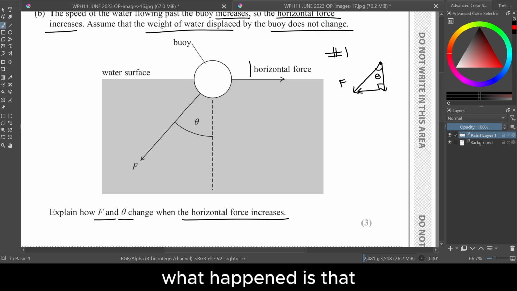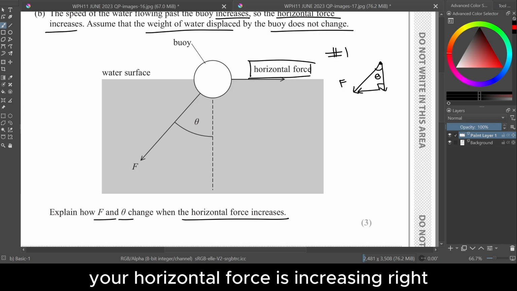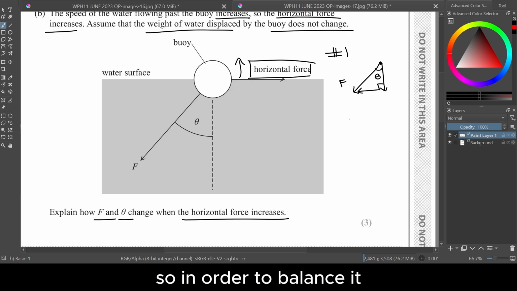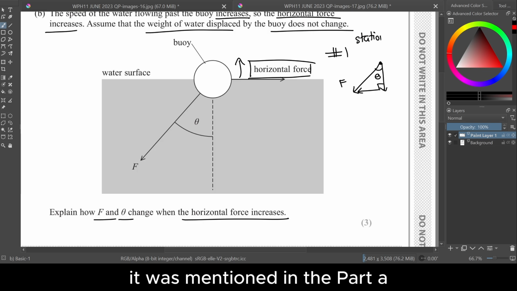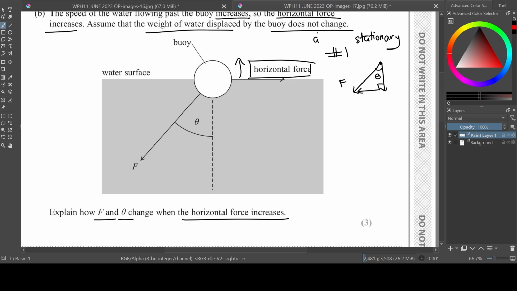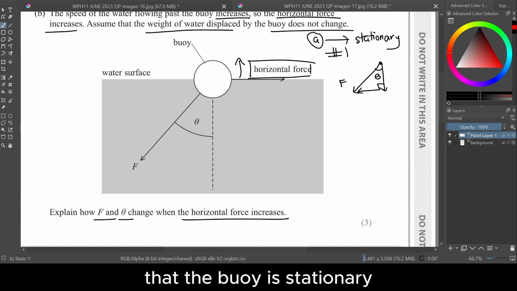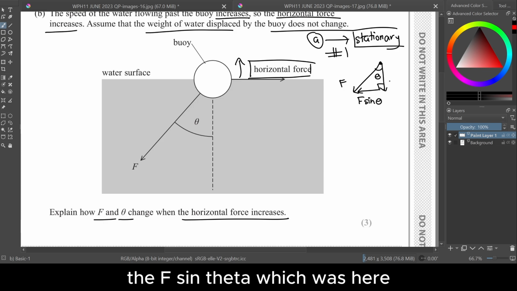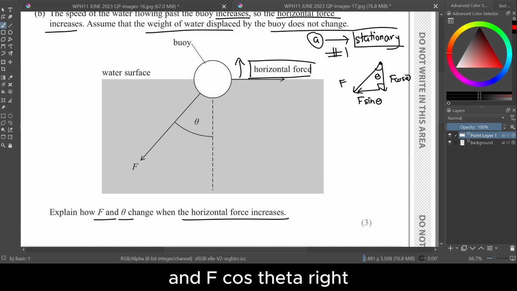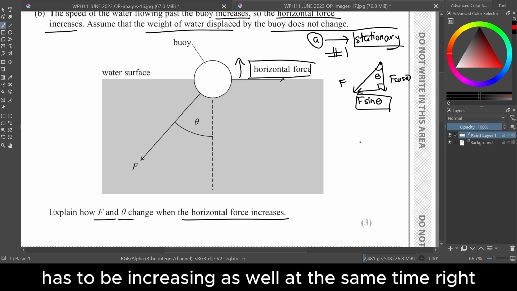Okay, now what happened is that your horizontal force is increasing, right? So in order to balance it, or in order to make it stationary, it was mentioned in part A that the buoy is stationary, right? To keep the status of stationary, the F sine theta here has to be increasing as well at the same time, right?